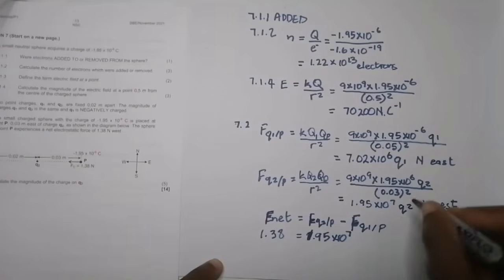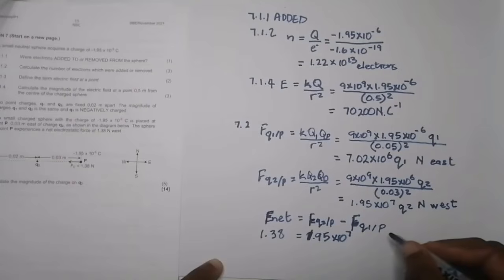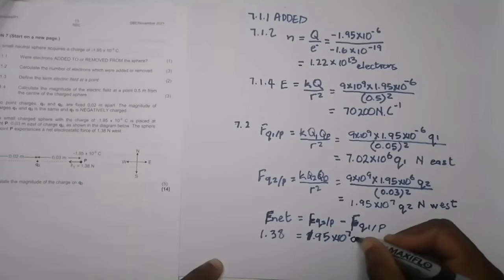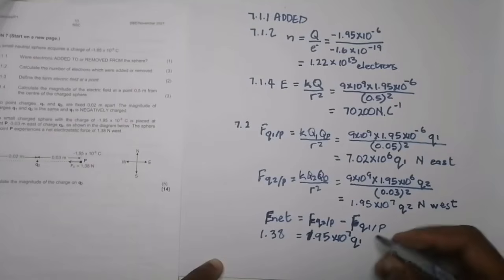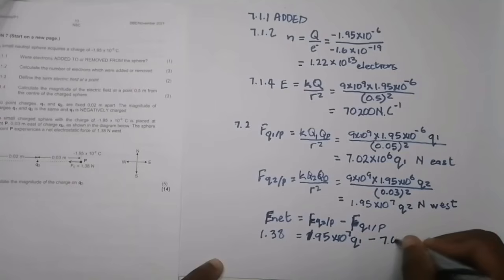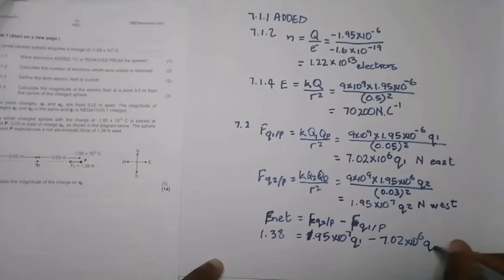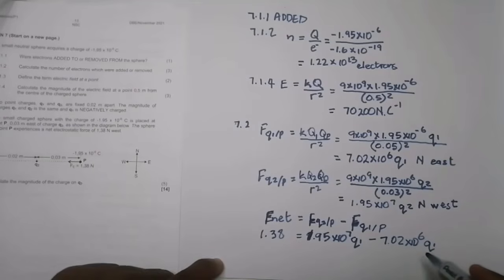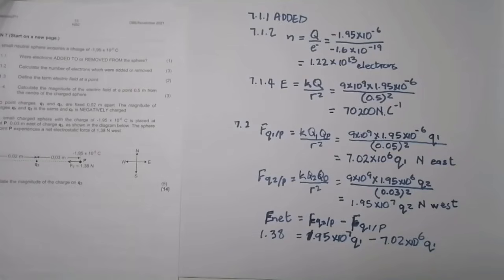But remember that Q1 and Q2 have equal charges, it's just that the one is positive. So we can express them both as Q1, minus 7.02 times 10 to the power 6, also Q1. All we need to do is take Q1 out as the subject of the formula, take the difference, and divide that 1.38 by that difference, and in this case we will get our charge. Please just verify the answer for me. Let me just work it out quickly.